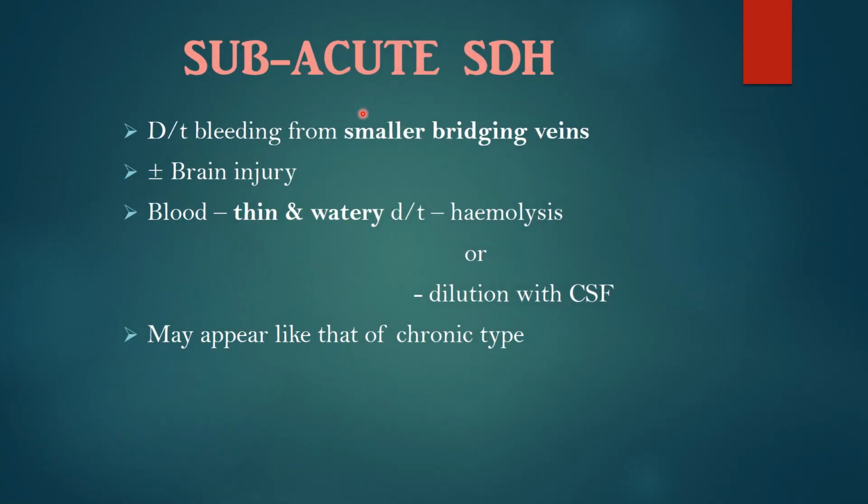Subacute subdural hematoma is due to bleeding from the smaller bridging veins. So the hematoma takes time to develop, a few days. The blood in the subdural hematoma will be thin or fluidy because of partial hemolysis of the blood clot itself.